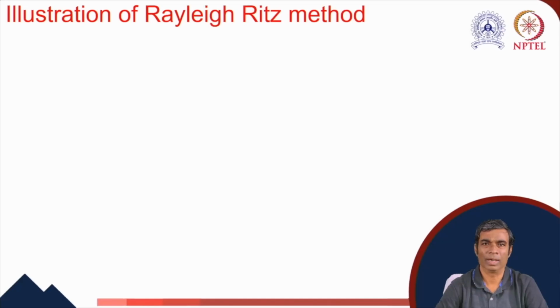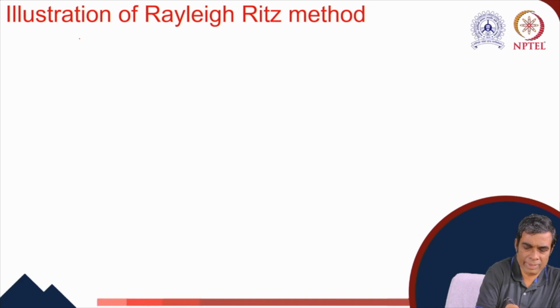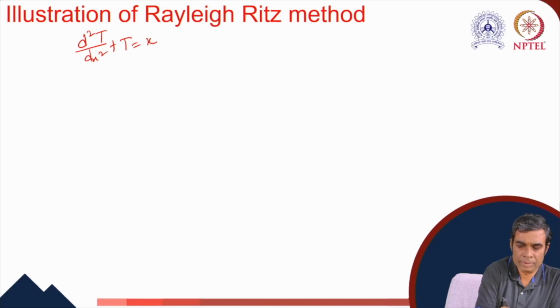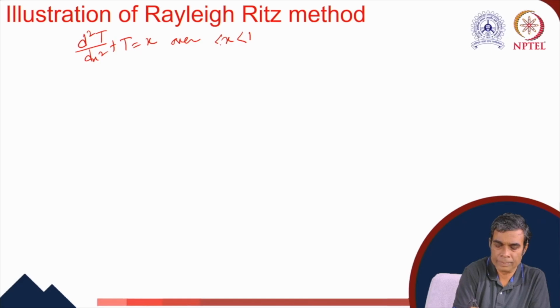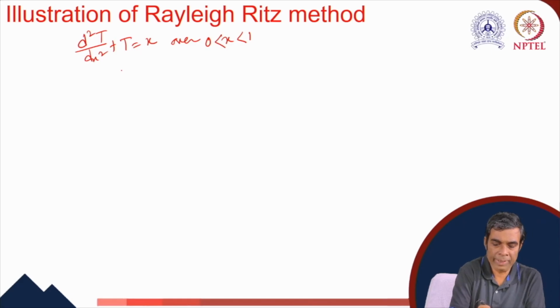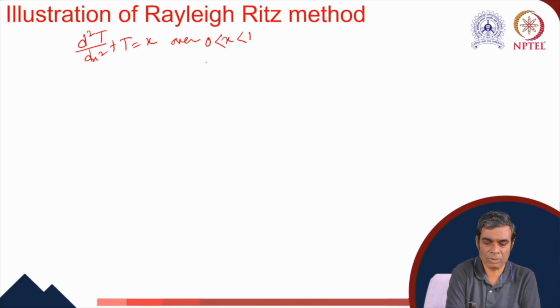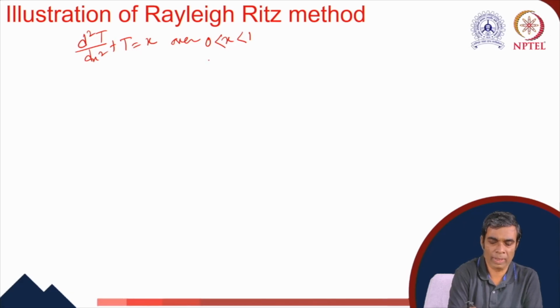Now let us illustrate the Rayleigh-Ritz method with respect to one numerical problem. Consider a boundary value problem in one dimension. It is given as d2T/dx2 plus T equals x over x equals 0 to 1.